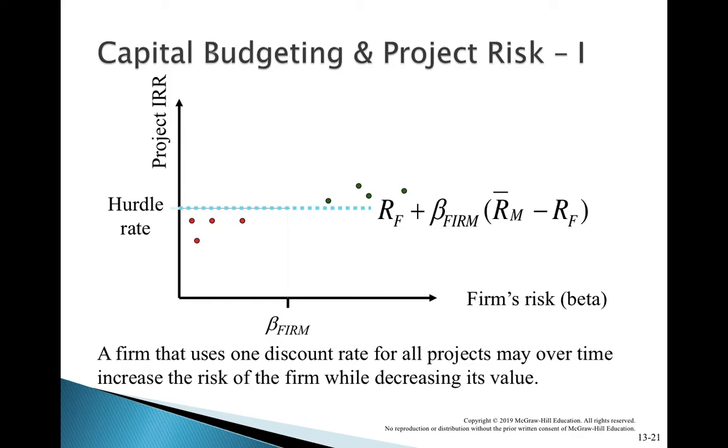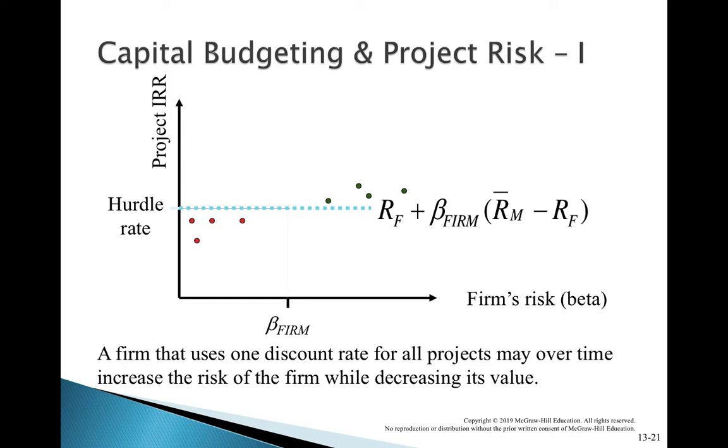For example, a particular company calculates its cost of capital, or hurdle rate, cutoff rate, discount factor, whatever we can call it, using the CAPM: RF plus beta multiplied by risk premium. It calculates one rate, and it uses the same rate for each and every project of the company.